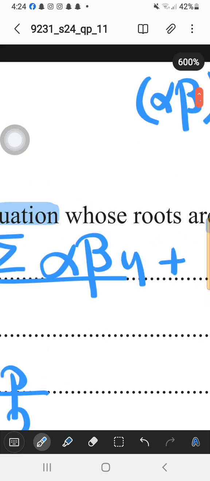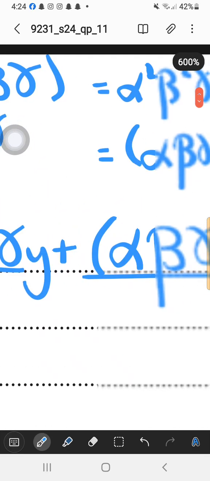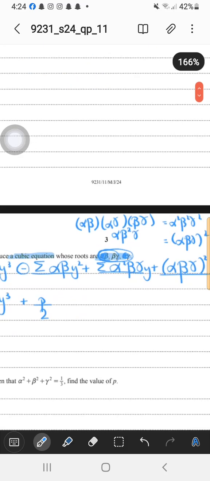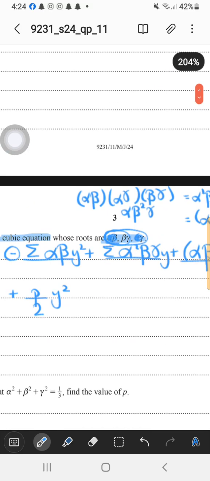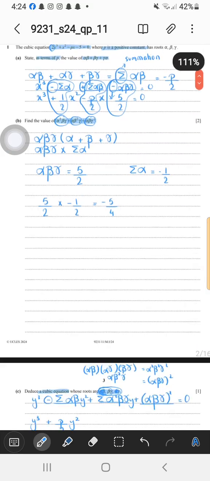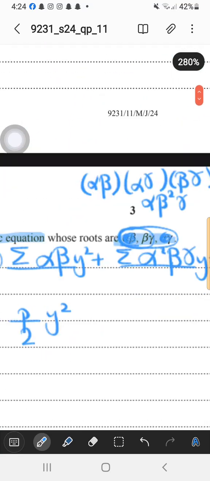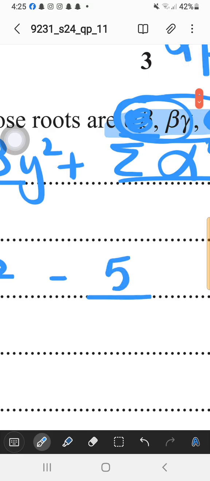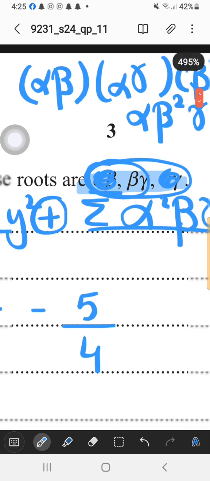And here one thing missing, there was y cube, so y square, here y power 1 and here y power 0, so leave it as it is. Then summation of alpha square beta gamma, which we had found out here, negative 5 upon 4. So write negative 5 upon 4, no change in sign because the sign is positive.